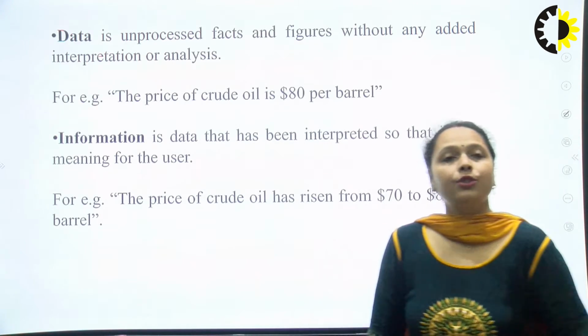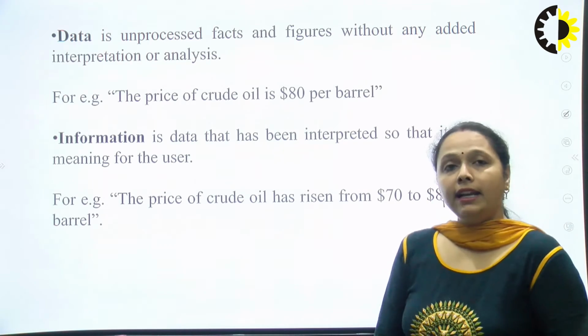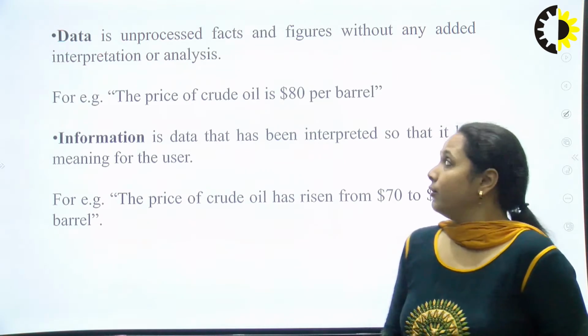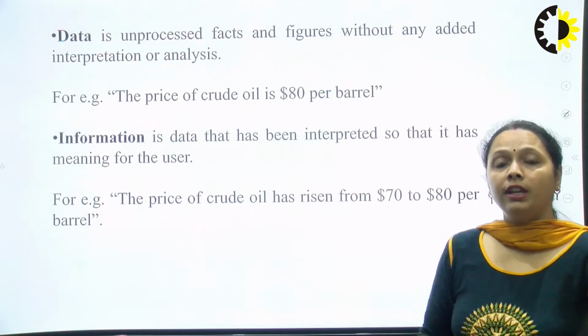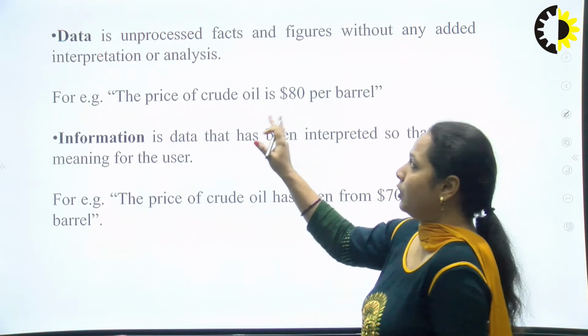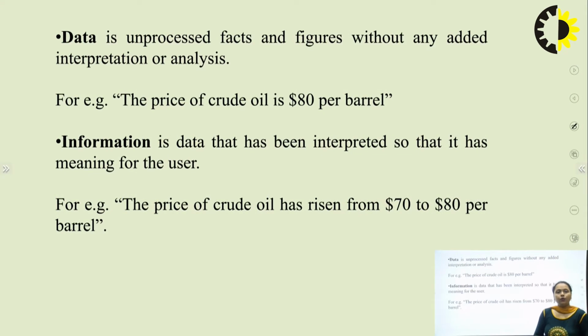First of all, we should understand the terms data and information. What is data? Data is unprocessed facts and figures. Whatever does not have any meaning, or from which we cannot interpret anything, is data. For example, the price of crude oil is $80 per barrel. What are we getting from it? We cannot interpret anything. We are just saying that the price of oil is $80.